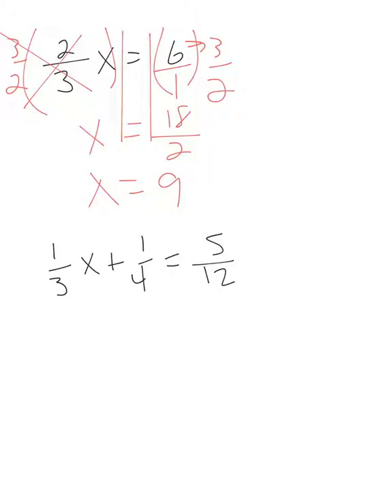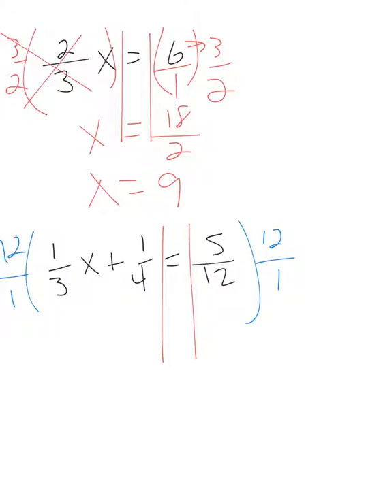And this problem here, I am going to do the death to fractions and multiply everything by 12 over 1. And I will get 12 times 1. I'll actually just write the whole thing out. 12/3 x plus 12 divided by 4 equals 60 divided by 12.